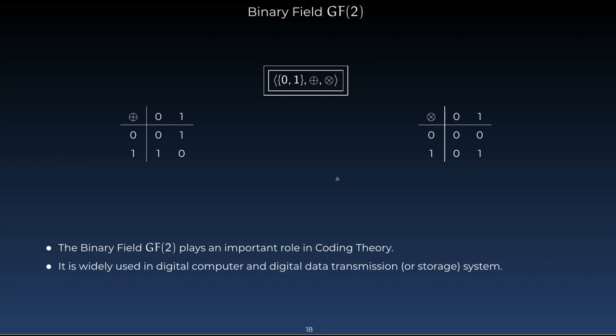The reason behind that is that digital logic has two levels, high and low, and here again we have only two elements, 0 and 1. So the binary field and its extensions are used for coding theory and in general in digital computers and digital data transmission.